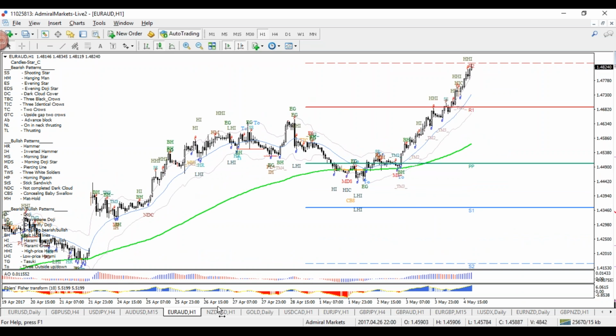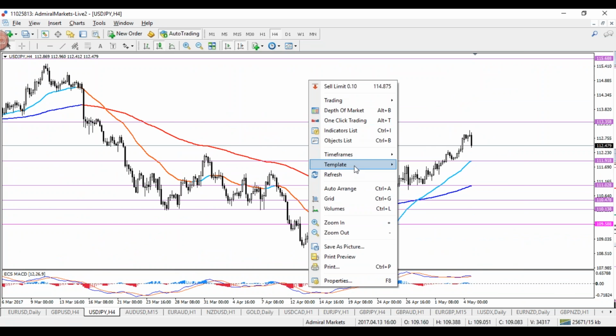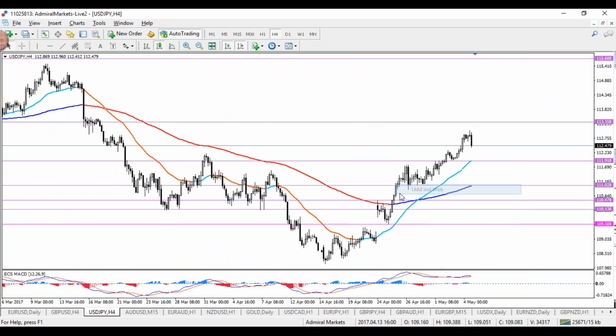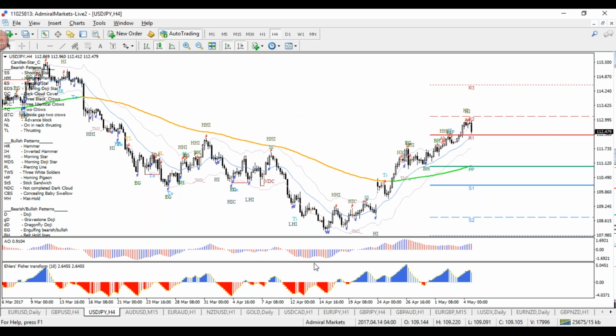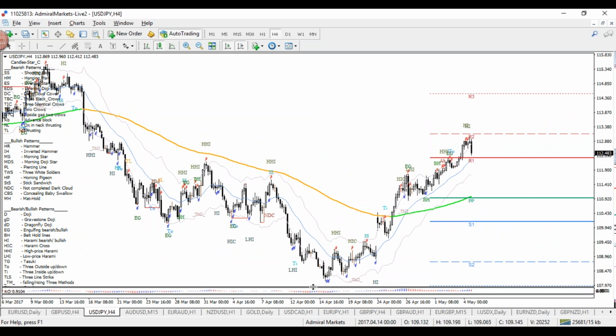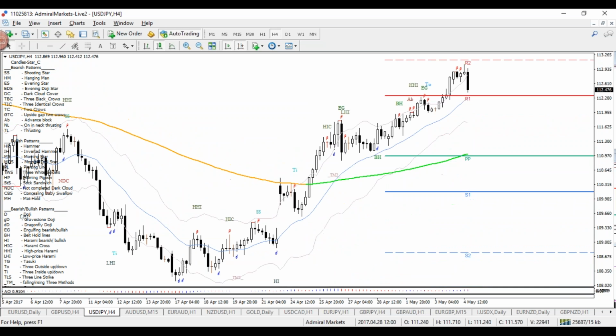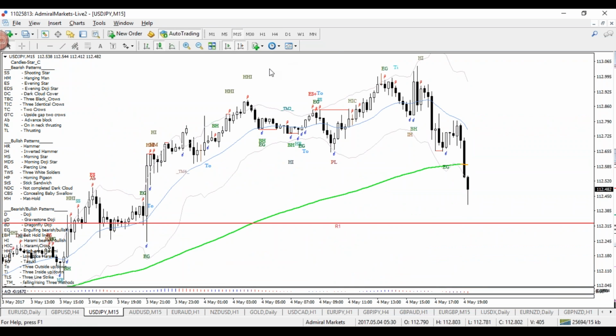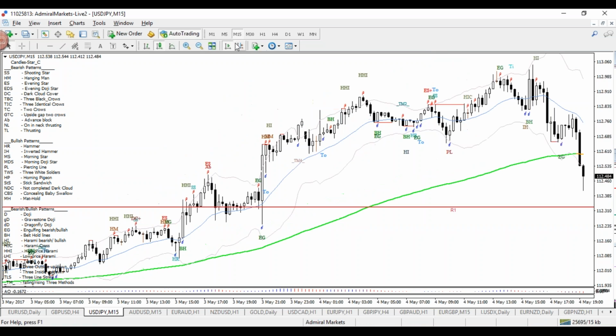The second one, oh wait, let's take a look at dollar yen. 4-hour chart. These candlestick patterns, by the way, are typically available for all time frames. Of course, the lower the time frame, the more confidence is needed, in my view at least.